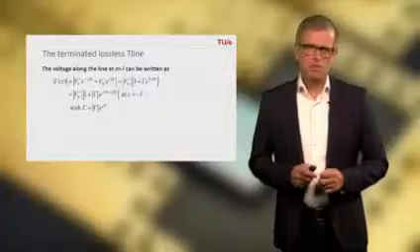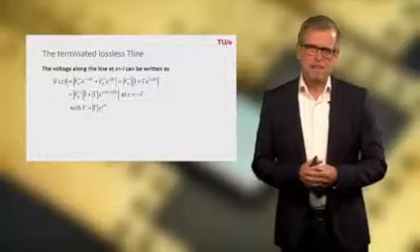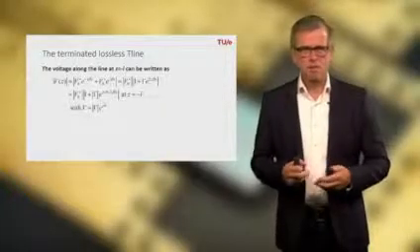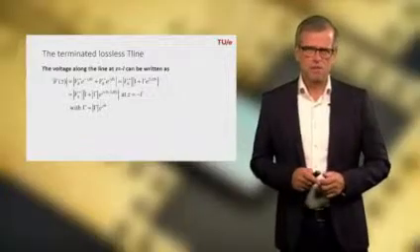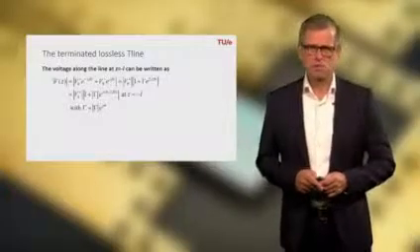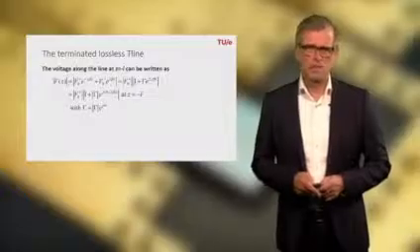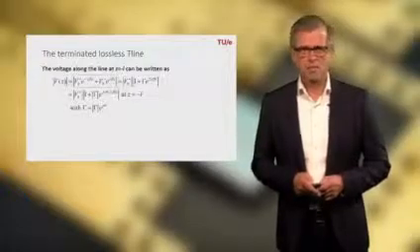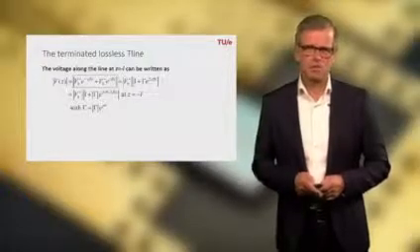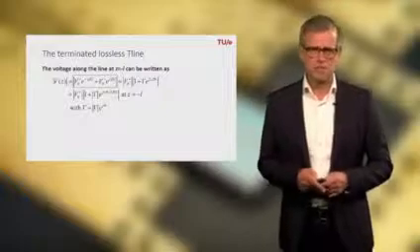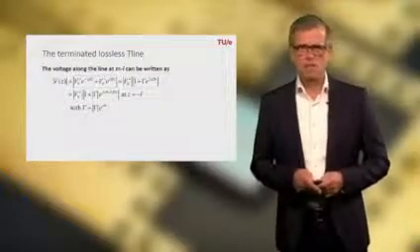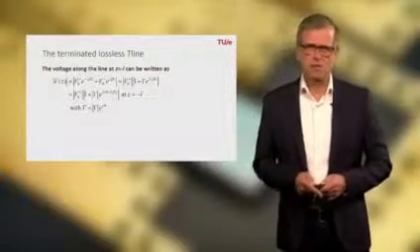Now, the terminated lossless line also has the property that if the reflection is not 0, the voltage along the line will fluctuate. We can see that from this equation. Here I plotted the absolute value of the voltage along the line at a position Z, which we can now write in terms of the reflection coefficient.